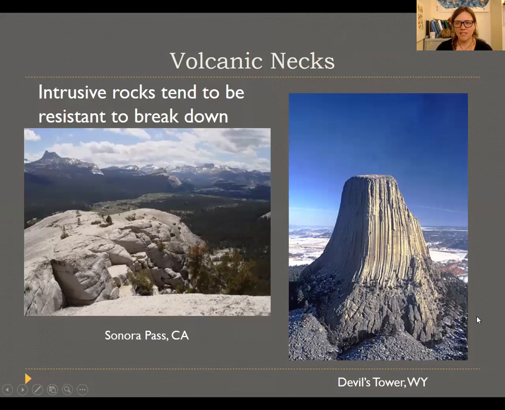Another place where you might have seen these rocks that kind of cool off underneath the earth are in what are called volcanic necks. So these volcanic necks are kind of on the border between intrusive and extrusive igneous rocks, because they do form below the Earth's surface.